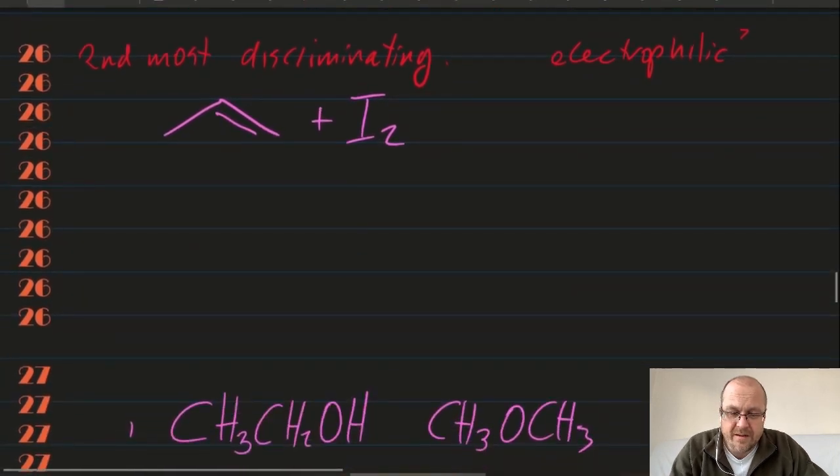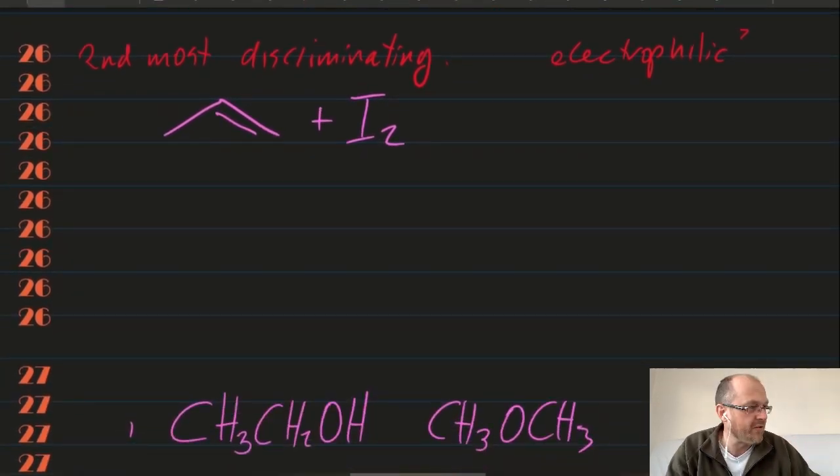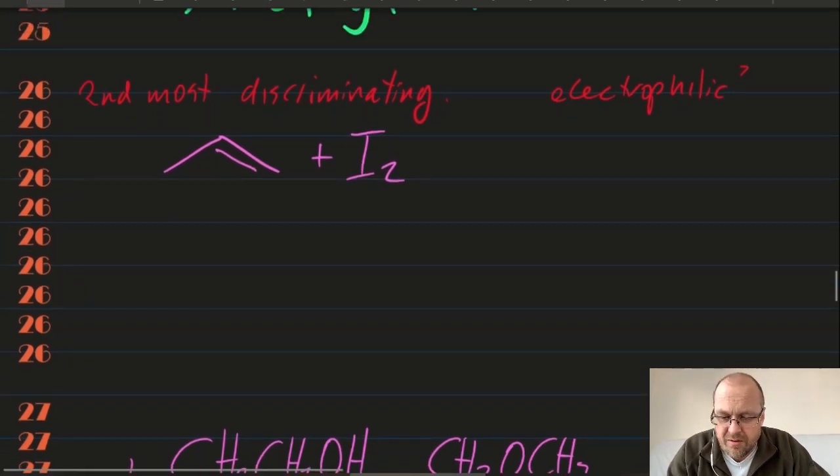Second most discriminating, right? Switch on an extra brain cell so I don't fall for the trap. What's the mechanism for the reaction of propene with iodine in the dark? Sounds like a 90s rock song. I think that's addition, isn't it? Because the only reactions you need to know are addition.